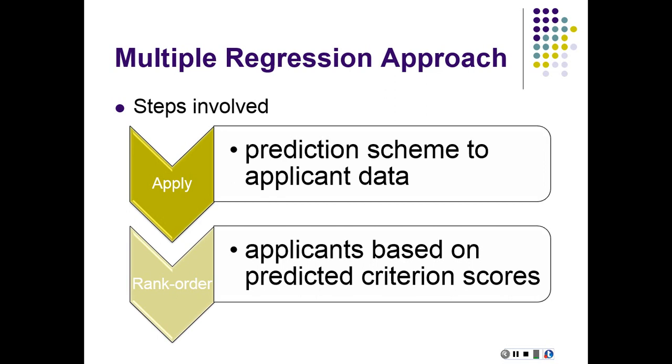Using that x-axis knowledge from this new incoming applicant, we can go up to the line and then over to the left, the y-axis, and figure out what their criterion score most likely would be. Given what we know about their predictor scores, we're going to try and predict their performance on the criterion.